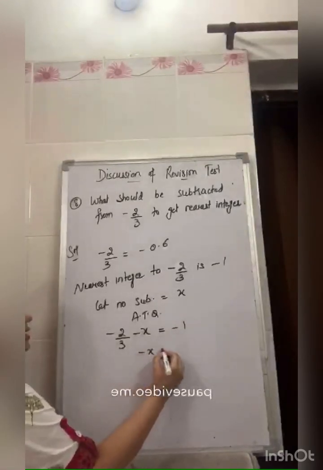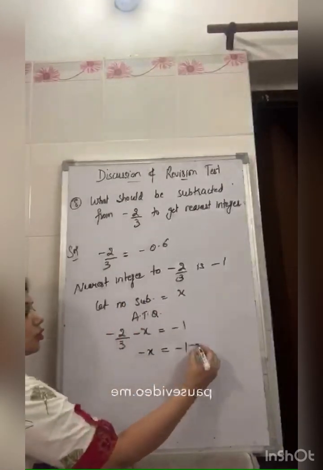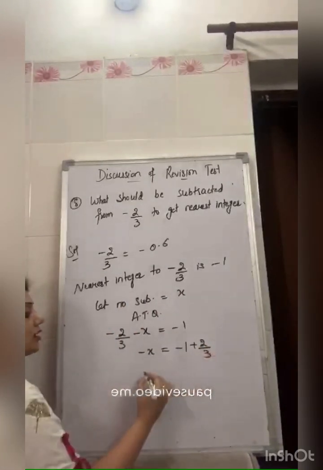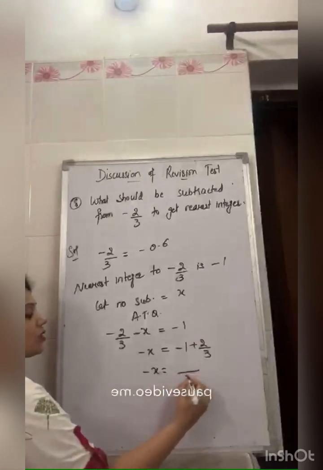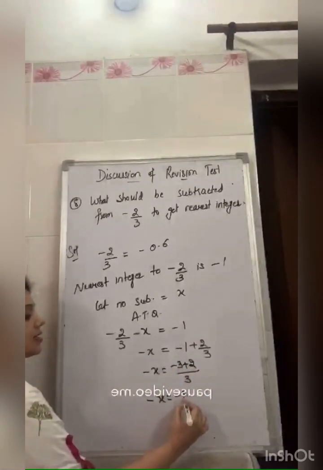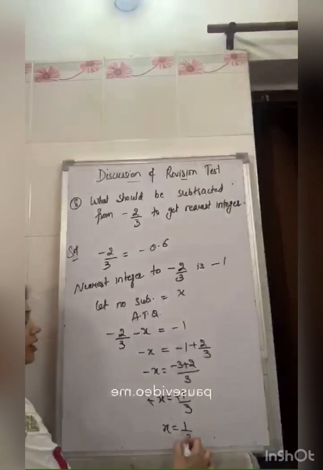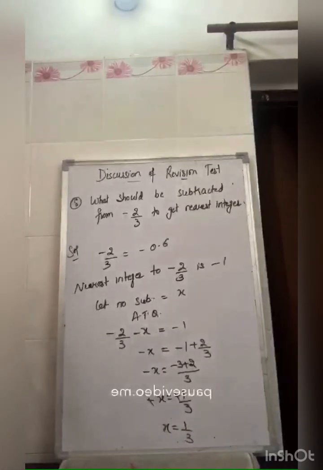Minus x, at its place, minus 1. This minus 2 by 3 will go to the right hand side. It will be plus 2 by 3. Minus x is equal to, by taking LCM, minus 1 by 3. Minus minus cancel. So the value of x is 1 by 3.